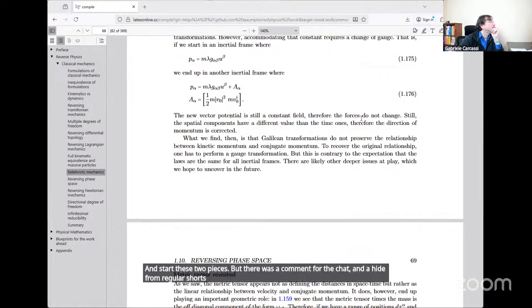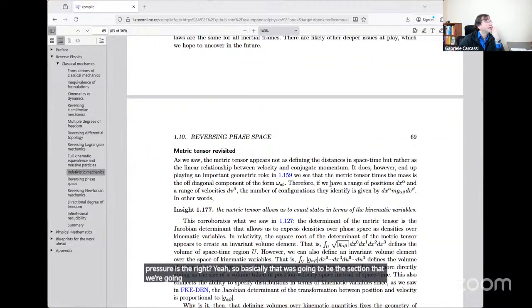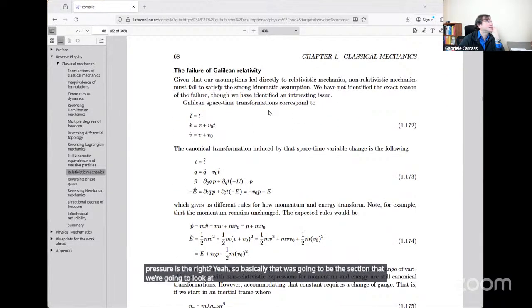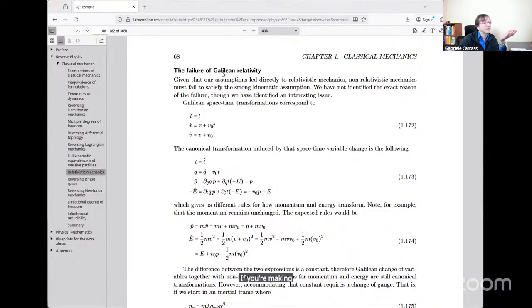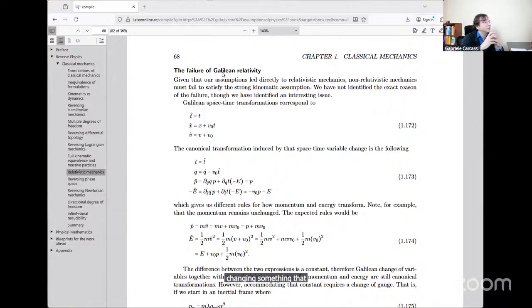Is the failure of Galilean relativity basically showing that assuming kinematic equilibrium already forces a space-time structure in the pre-general way? Yeah, that was going to be the section we look at next time. If you're making Galilean transformations, you are making a small mistake in the count of states, because you're changing something that should be space into time.